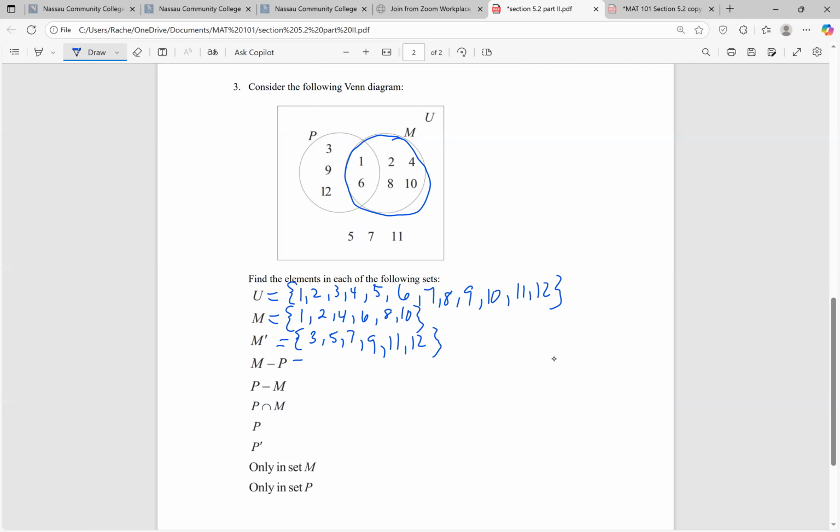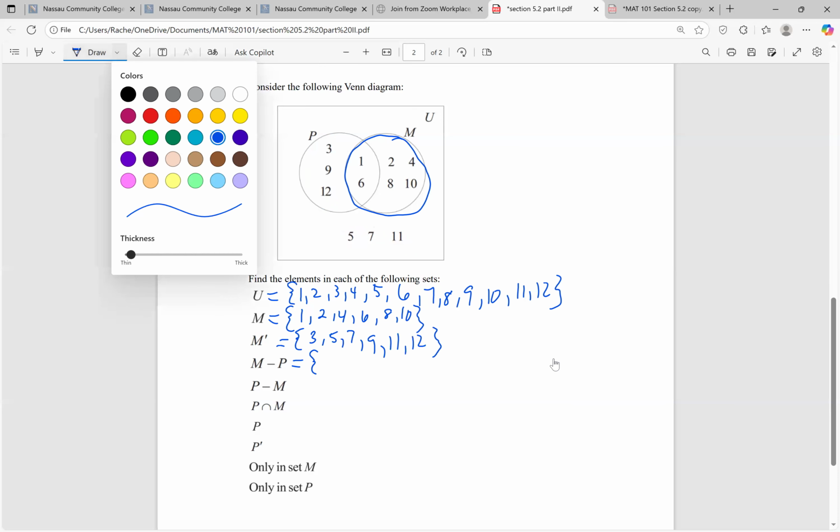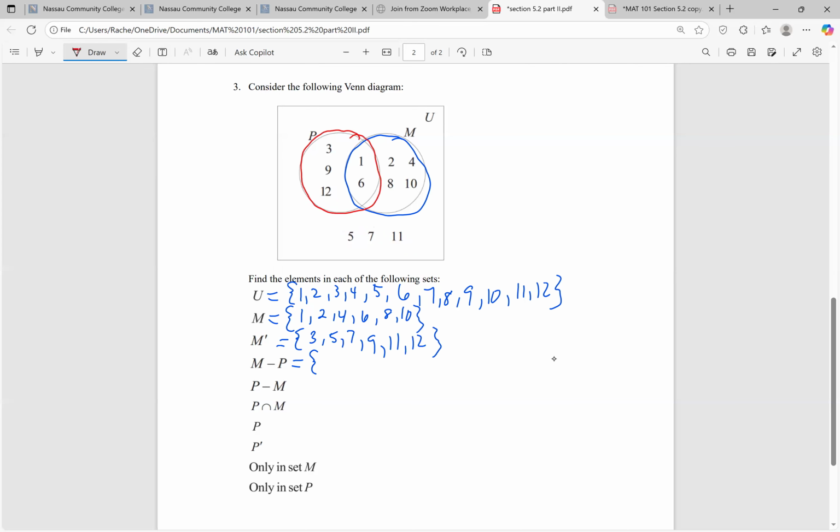What is the set difference between M and P? Well, if we look at M, which I circled in blue, just use the Venn diagram. And if I circle P in red, what's only in M, right? That's not in P. So if we take away everything in P from M, we're just going to be left with 2, 4, 8, and 10.